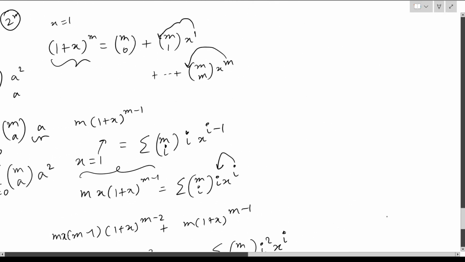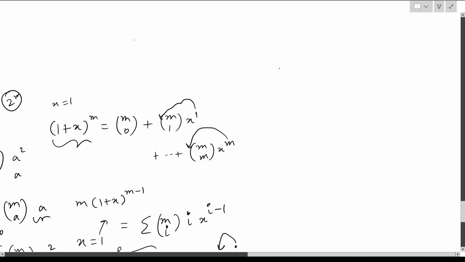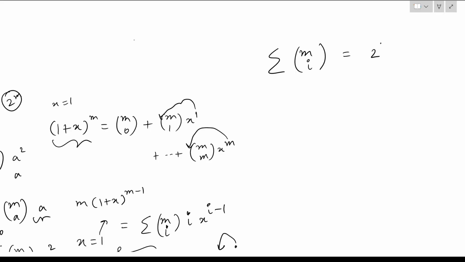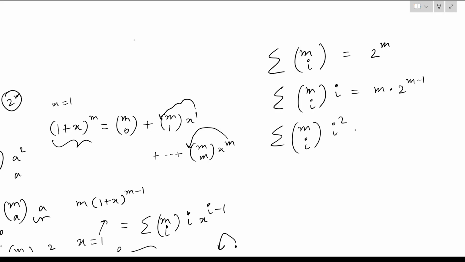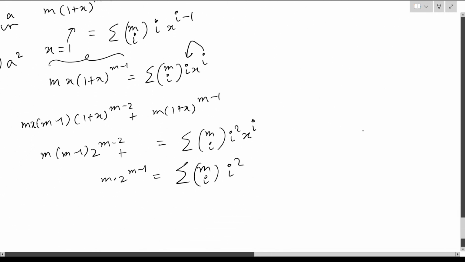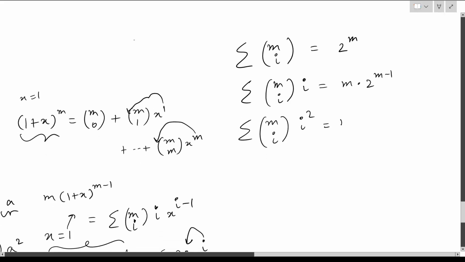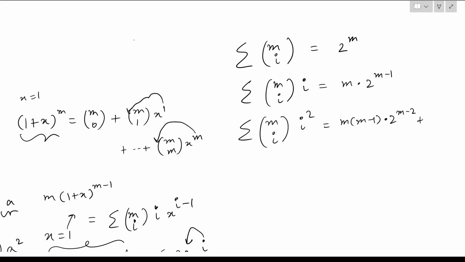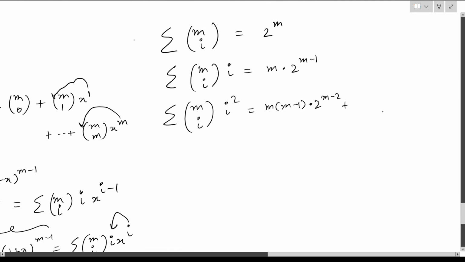So just to write all the formulas that we've derived here, we have the standard sum of m choose i is 2 to the m, the sum of m choose i times i is m times 2 to the m minus 1, and the sum of m choose i times i squared is that quantity over there, which is just m times m minus 1 times 2 to the m minus 2 plus m times 2 to the m minus 1.